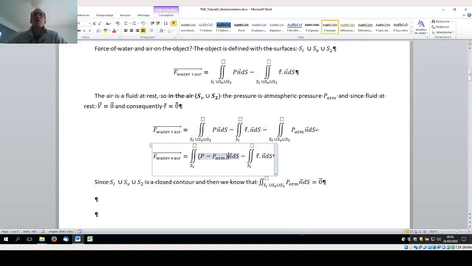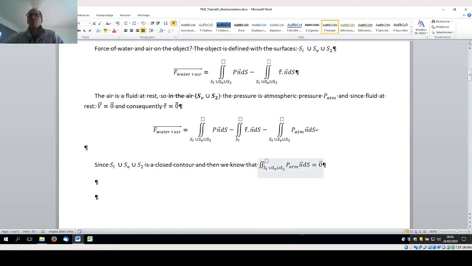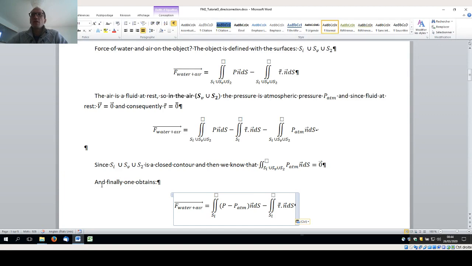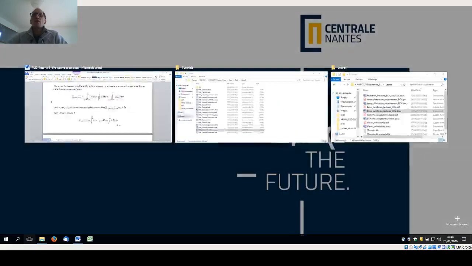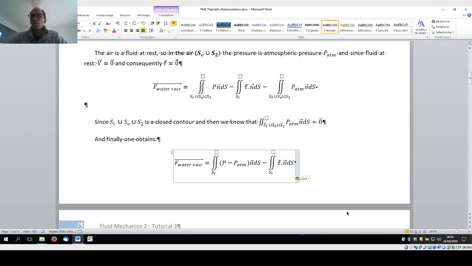This is due to the fact that on SV and S2 the pressure is atmospheric pressure, so it is cancelled by this term here. And finally we obtain this form of the force.